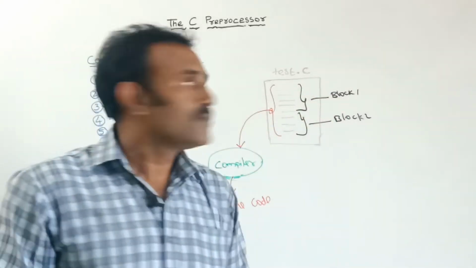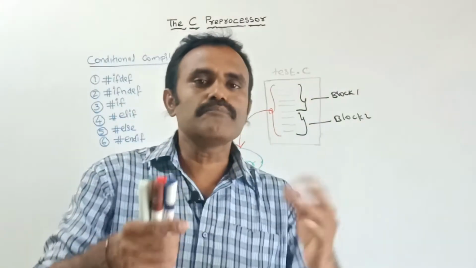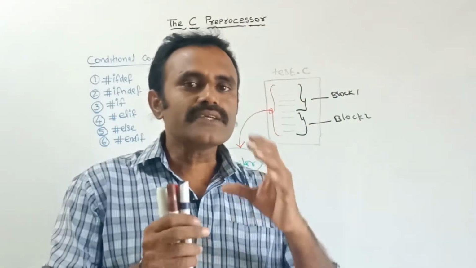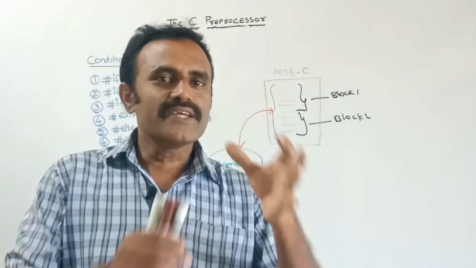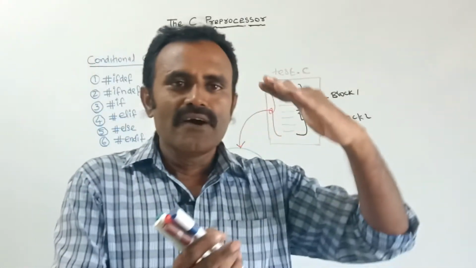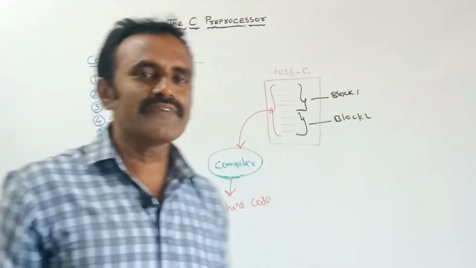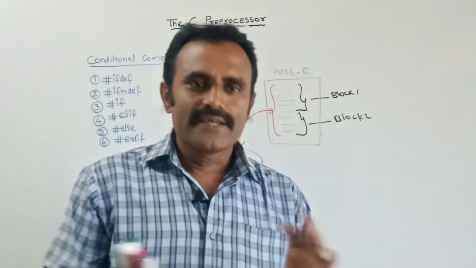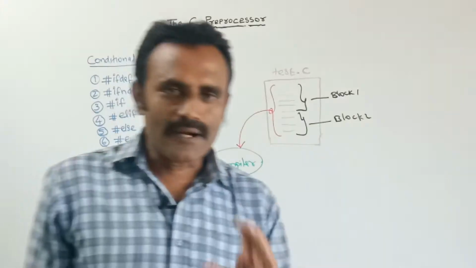So by using conditional compilation, we can instruct the compiler to execute a group of statements. We can give a condition. If the condition is satisfied, then the statements under that directive will be executed; otherwise, they will not. Mainly for this purpose we use conditional compilation.